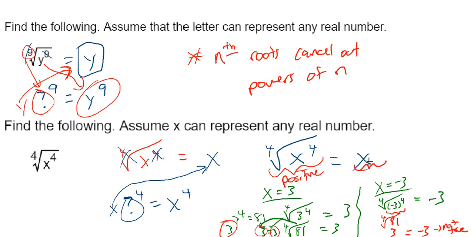This side will be negative if I plug in a negative number for x. So this side is always positive. This side is not always positive. So they're really not equivalent to each other if they have this difference between them. One side's always positive, the other side isn't always positive. It depends what you're plugging in for x.